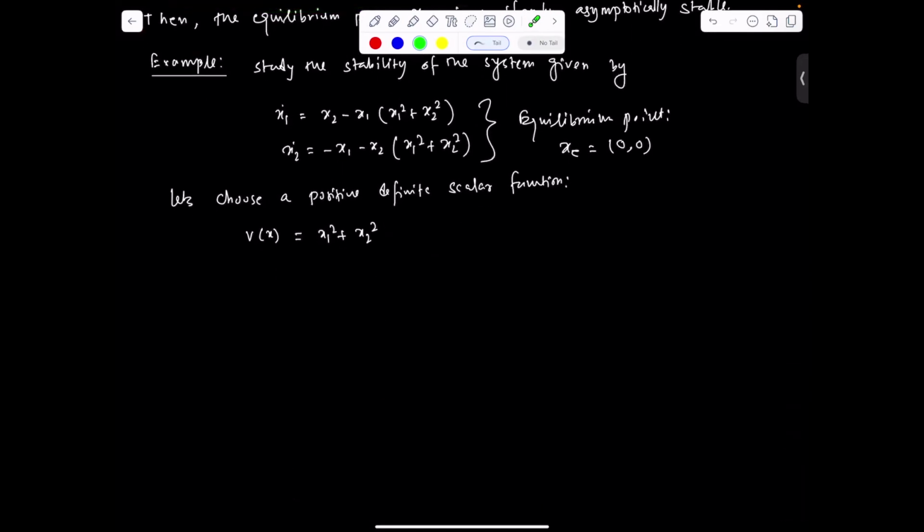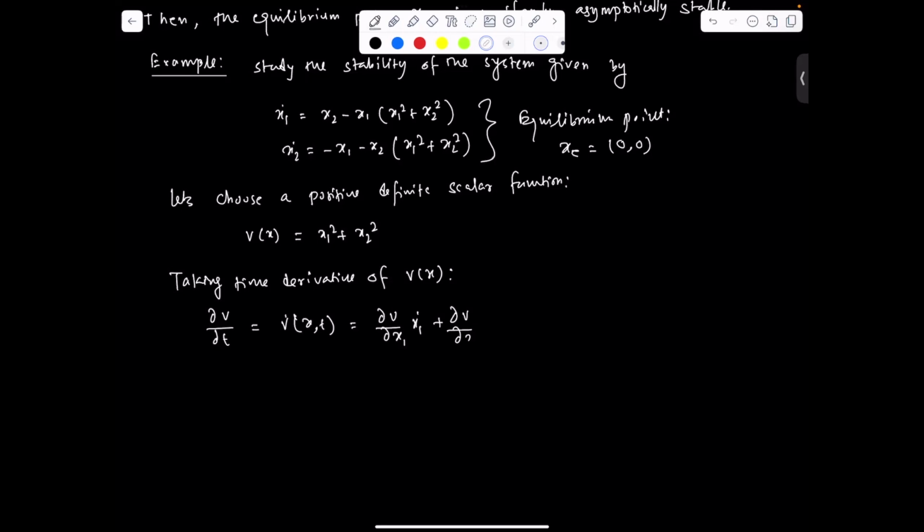So taking the time derivative of V of x, we can write dou V dou t, V dot of x, t, equal to dou V dou x1 times x1 dot plus dou V dou x2 times x2 dot.